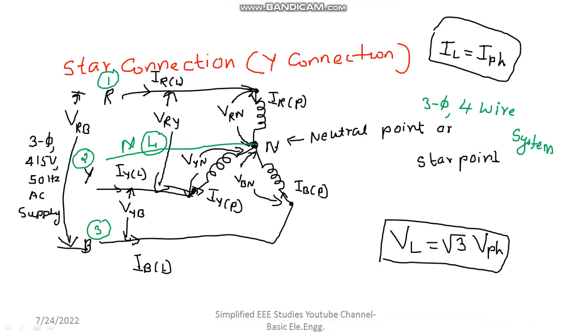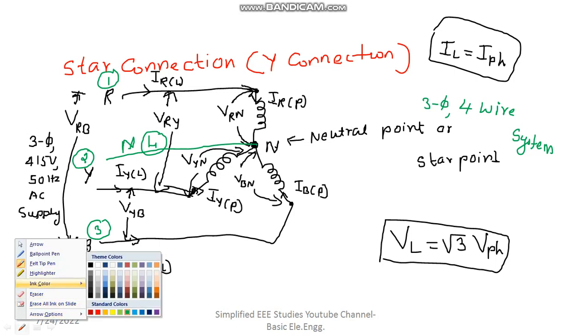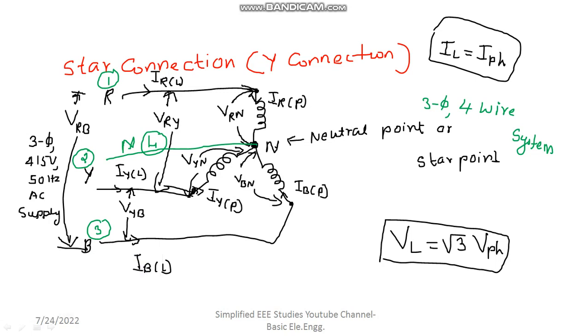And I need to write down the important application of the three-phase system. What is the major application? Please tell me the major application. You can imagine. It is mainly used for high voltage, low current systems.